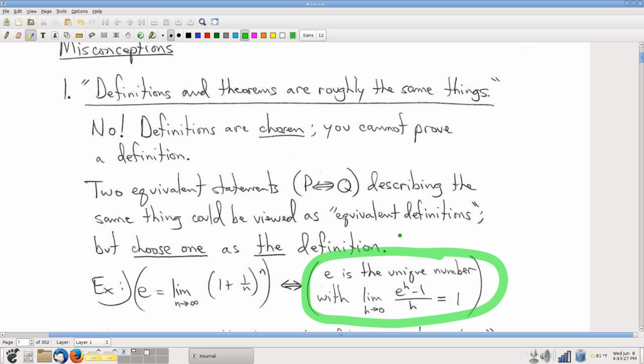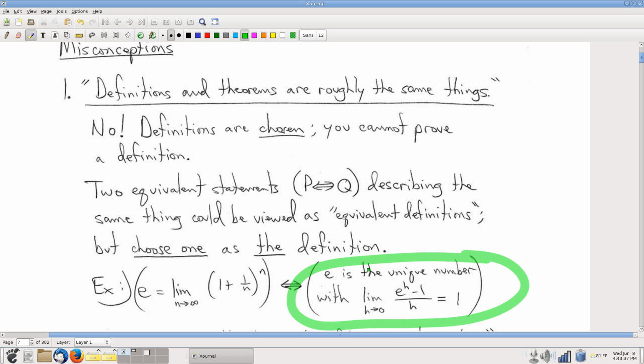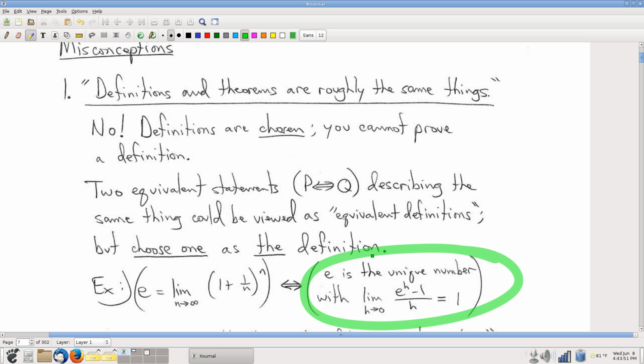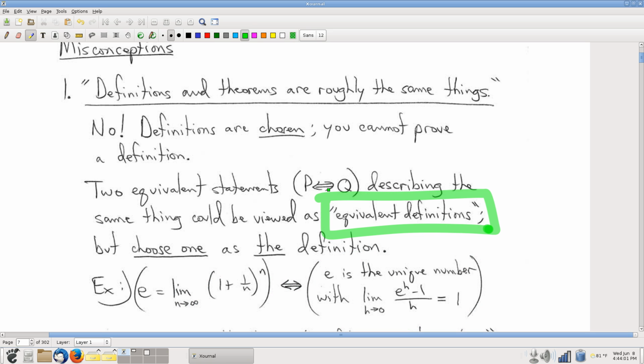These are two different statements, but as it turns out, the number defined by this equation is the same as the number defined by this statement. They happen to give you exactly the same number. So if you define e to be this, then you can show that e has this property, and vice versa. So we call these equivalent definitions.